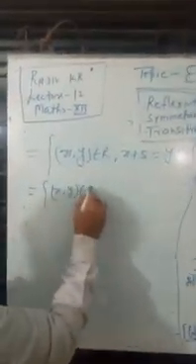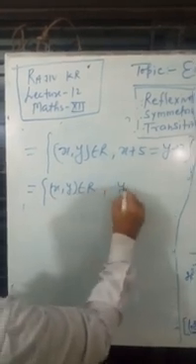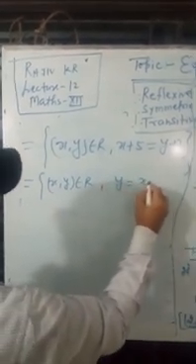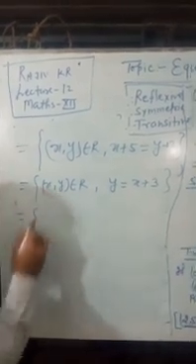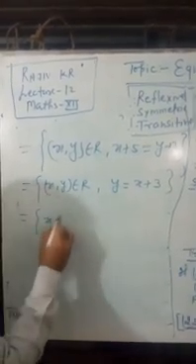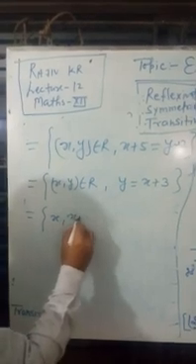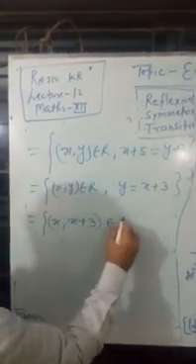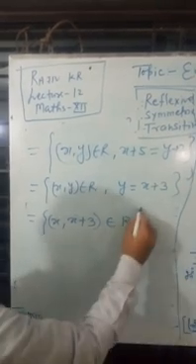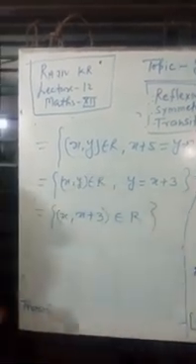Now (x, y) belongs to R, y equal to x plus 3. Instead of y, you can write x plus 3, that belongs to R or A cross A.